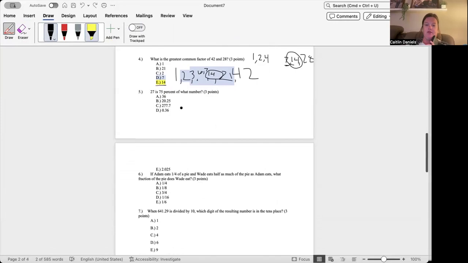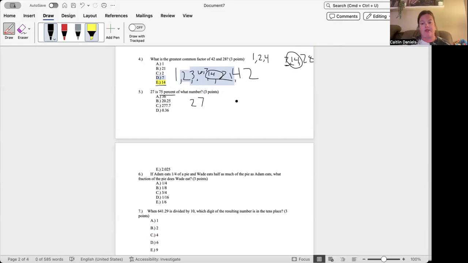Okay, number 5. 27 is 75% of what number? So to get this one, we're going to do 27, and we want to convert this percent to a decimal so that we can divide it into 27.